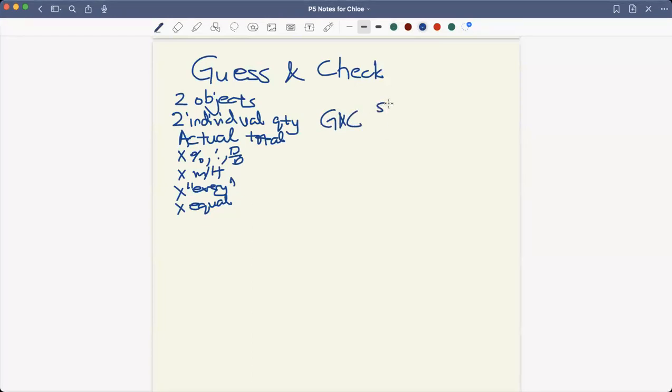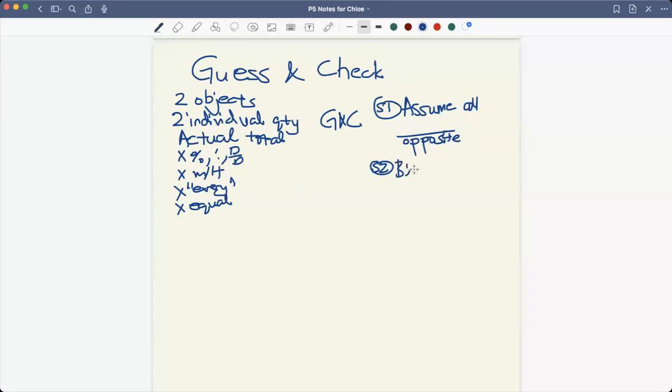And then you have your step 1, assume, or opposite. So if they want cats, you assume all are ducks. If they want chickens, you assume all are cows.